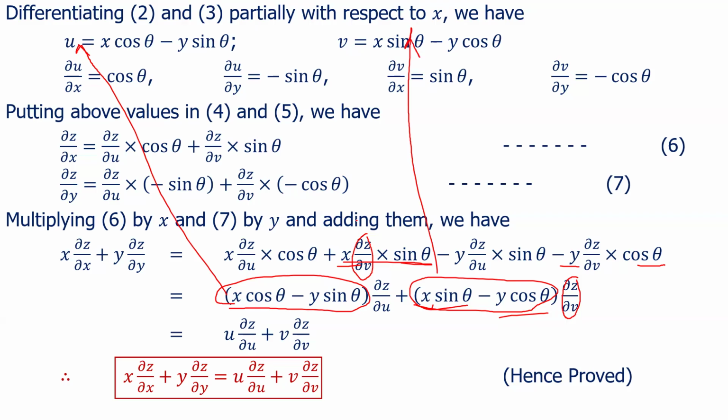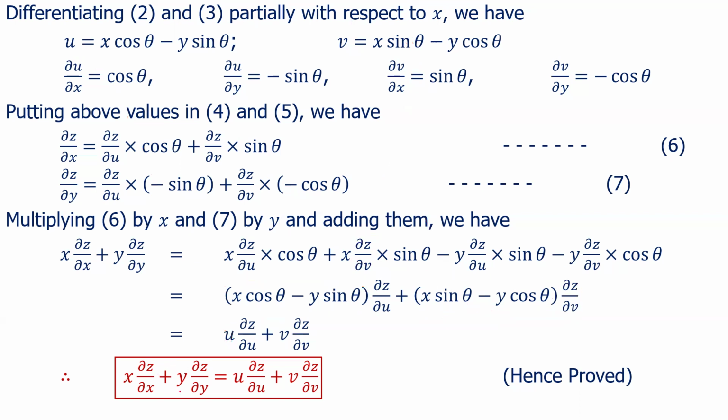So we can substitute these values, and the left hand side x del z del x plus y del z del y is equal to u del z del u plus v del z del v. And this is the desired result, hence proved. Thank you.